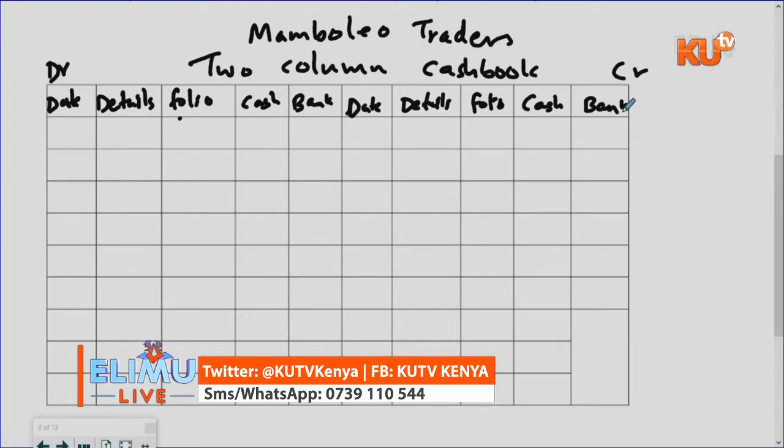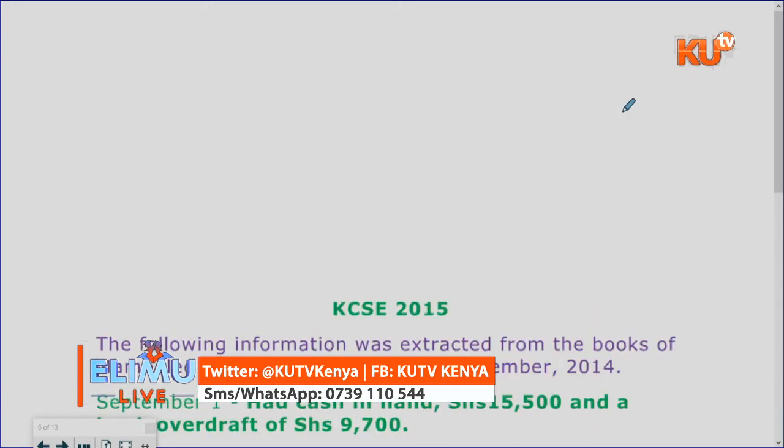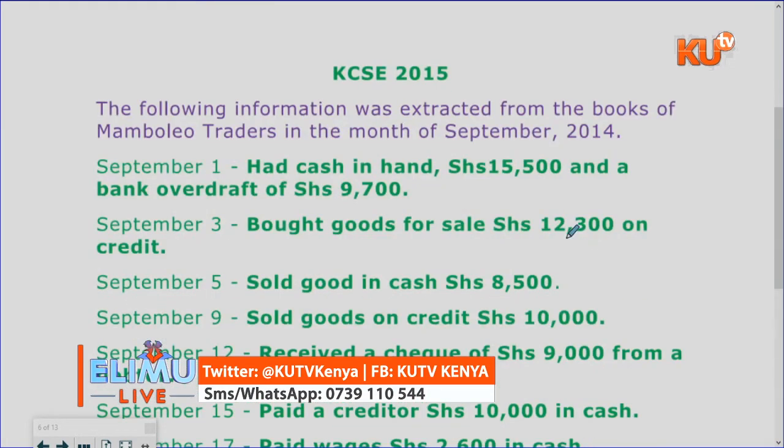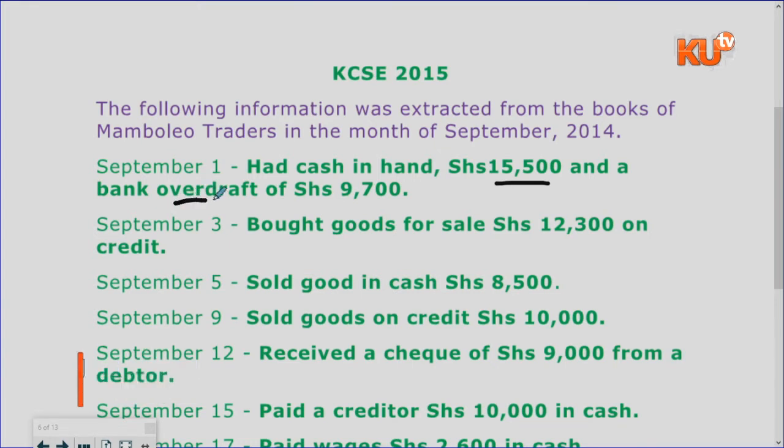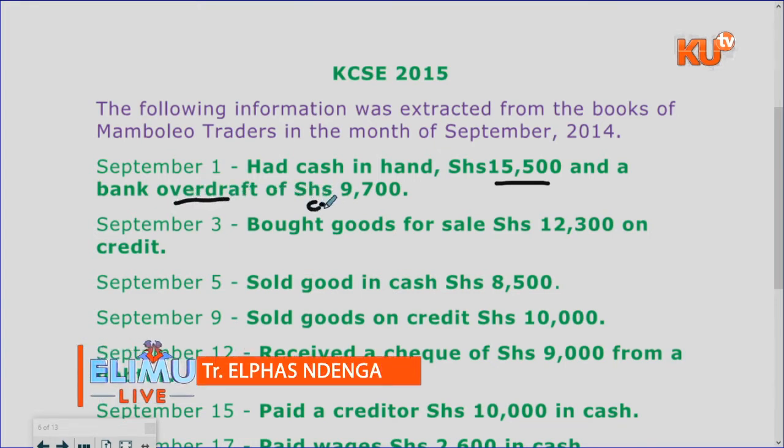So let's look at each statement. In the first case, September 1 had 15,500 in cash and a bank overdraft of 9,700. So let's record this. First, the cash in hand is going to be debited because that is what he had at the beginning. And then the bank overdraft on the debit side.